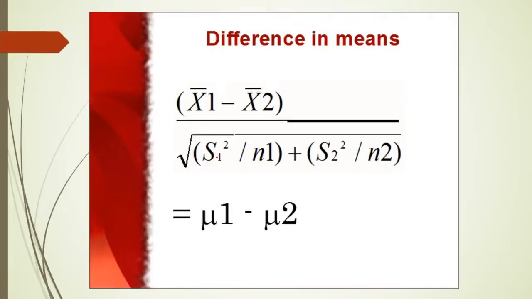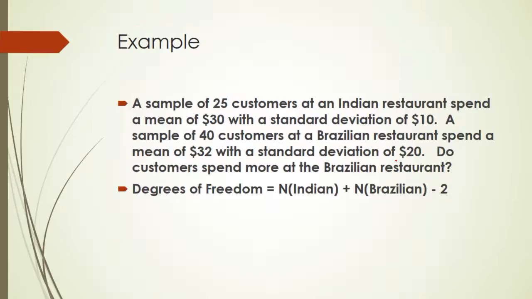Take the variance, or standard deviation squared, of California divided by the sample size in California, plus the variance, or standard deviation squared, of price in Nevada divided by the number of gas stations in Nevada. Calculate that. And that is going to be our T or Z that we're going to use.